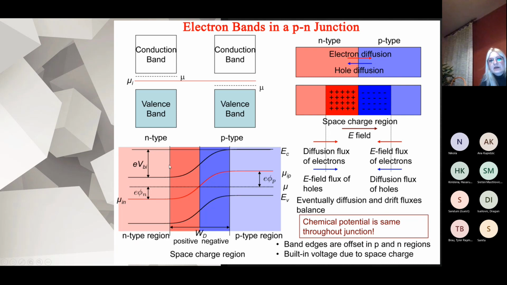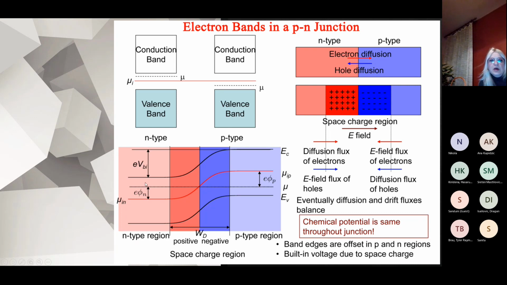If you represent the PN junction here, we're going to see that the chemical potential through the junction will be completely constant. This is this line here, and this is the chemical potential for intrinsic semiconductors.